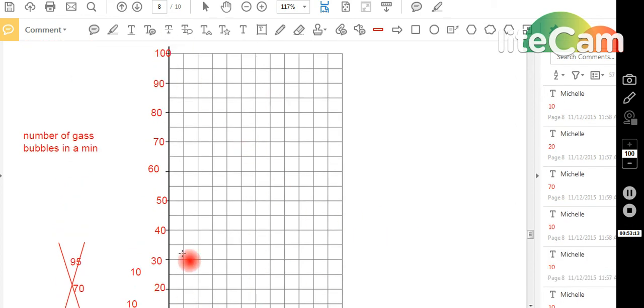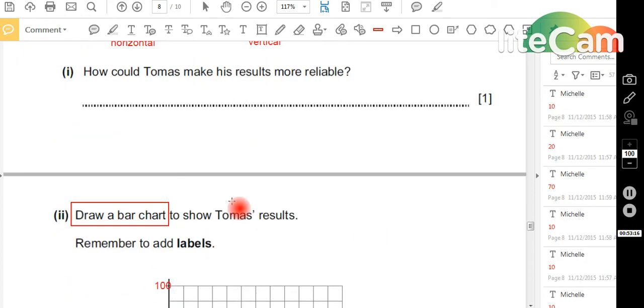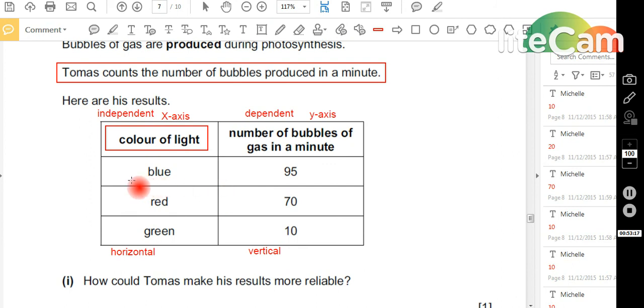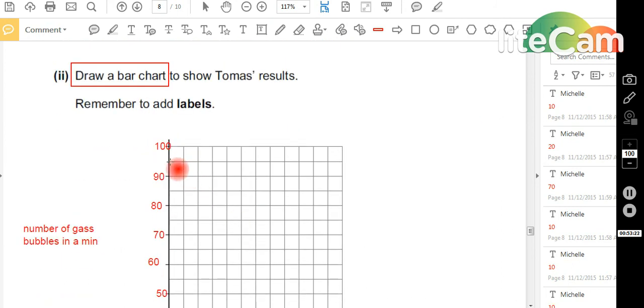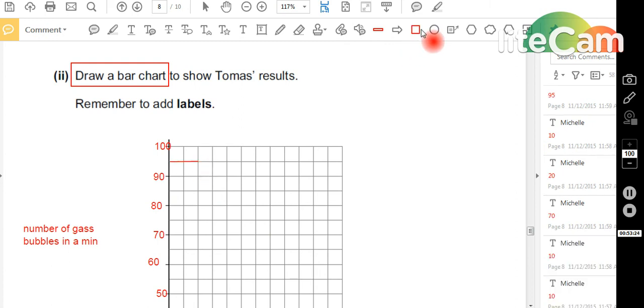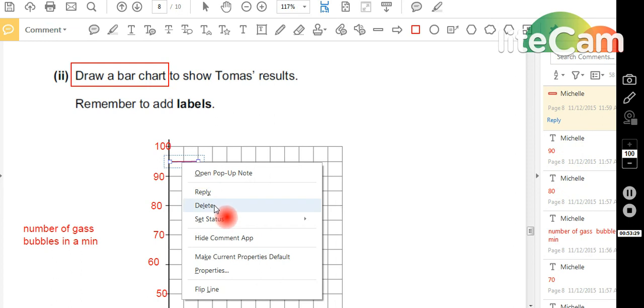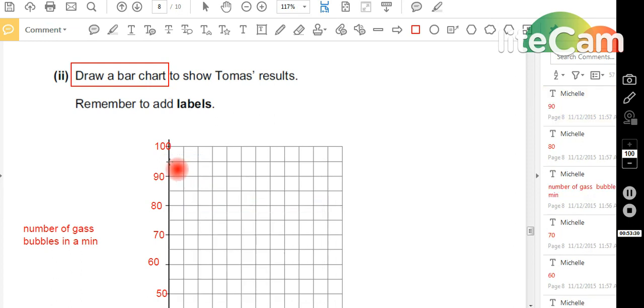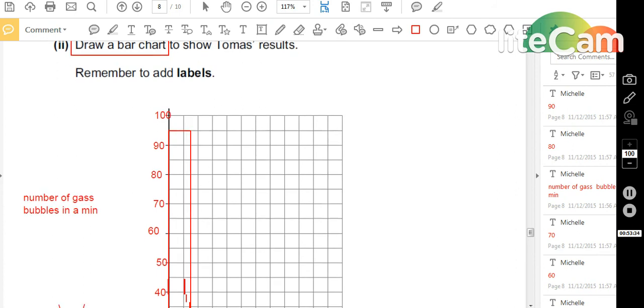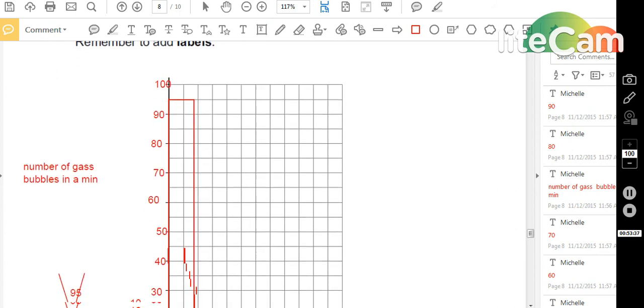Okay, so now we've got the different values. We know that it's bars that we need to draw. So now we go back and we say blue is 95. Okay, so here's 95. Sorry. So now we're going to draw the blue graph.